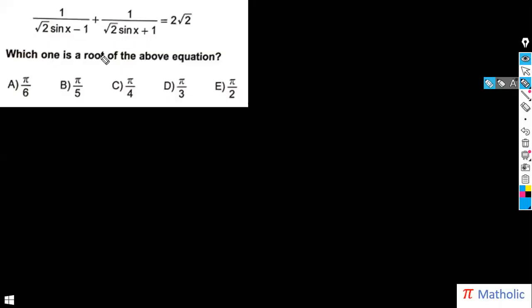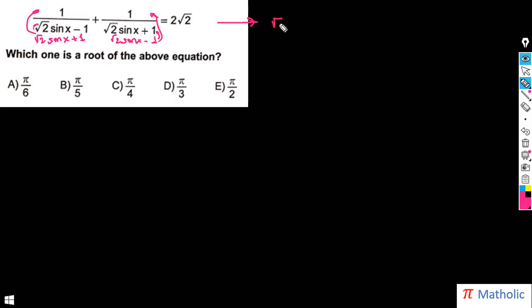In this question, first of all, we have to make the denominators equal. Then we can continue. So I have to multiply this by radical 2 sine x plus 1, numerator and denominator, and this by radical 2 sine x minus 1. So let's do it.